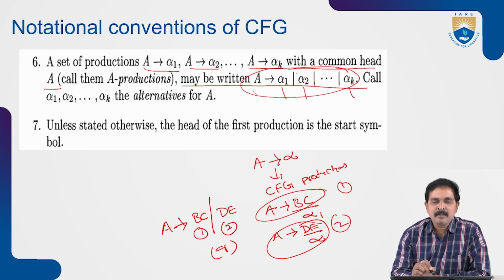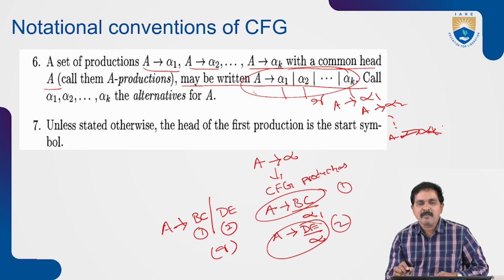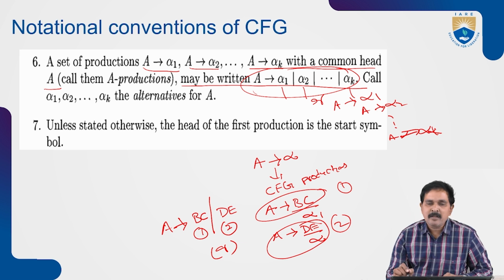You can use some combined notation: A implies alpha 1 slash alpha 2 and so on slash alpha k. Or you can write separately also: A implies alpha 1, A implies alpha 2, and so on, A implies alpha k. So this kind of notation convention for a particular set of productions is what we recommend in the context-free grammar.